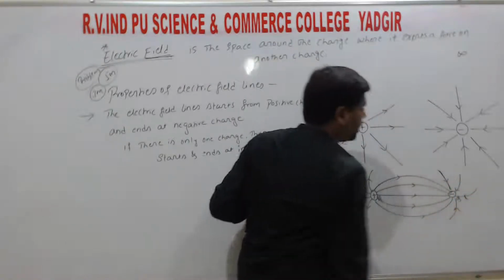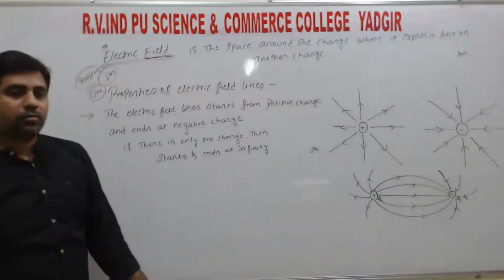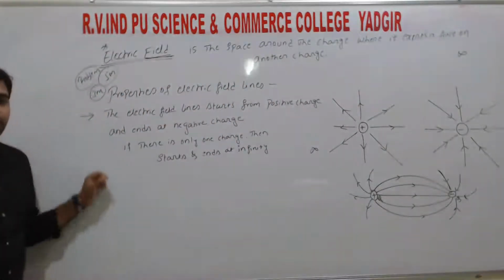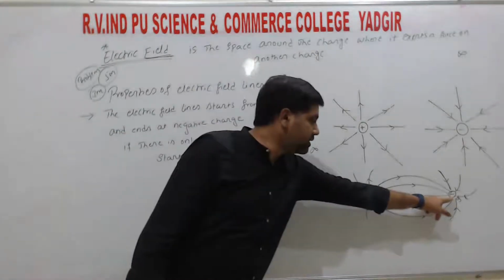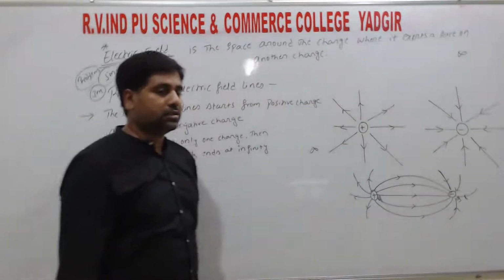So arrow marks are very important. This is the first property: starts from positive charge and ends at negative charge.